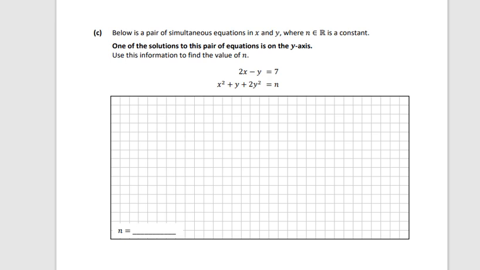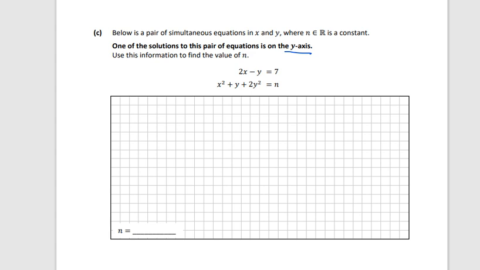Right, here then, we have simultaneous equations, but there's an n in it which we don't really want. Now the biggest thing in this is that one of the solutions is on the y-axis. If a solution is on the y-axis, well then x has to be equal to 0 everywhere on the y-axis.